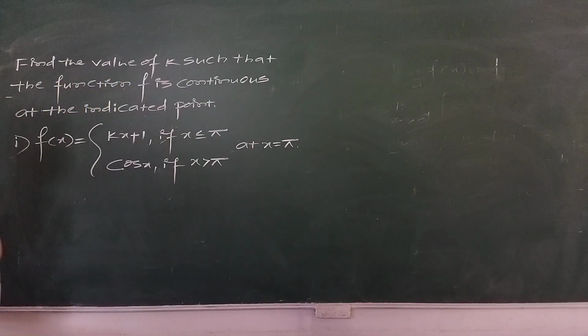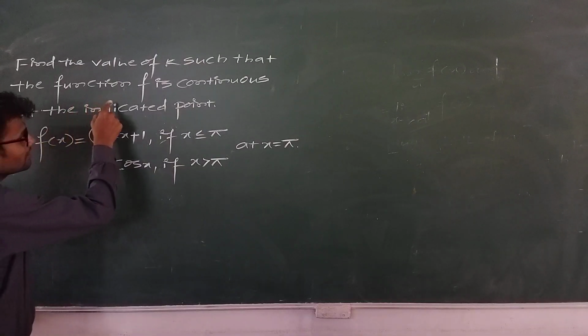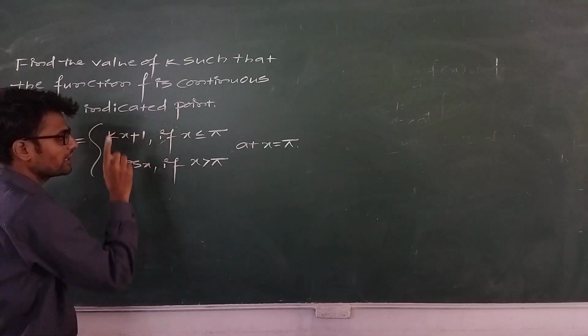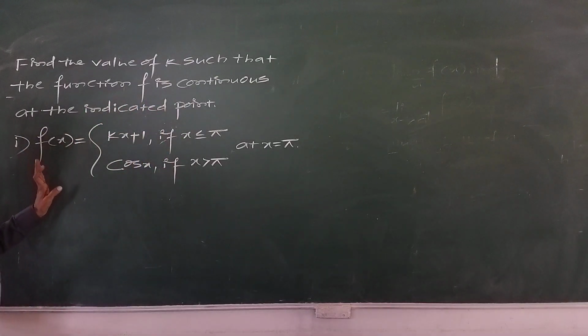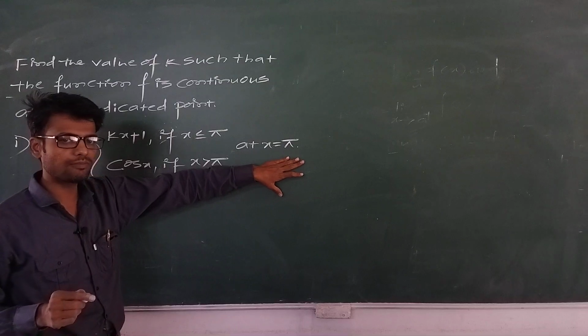Find the value of k. So k is unknown, you should find the value of k such that the function f is continuous at the indicated point. So the given function is continuous at the indicated point.